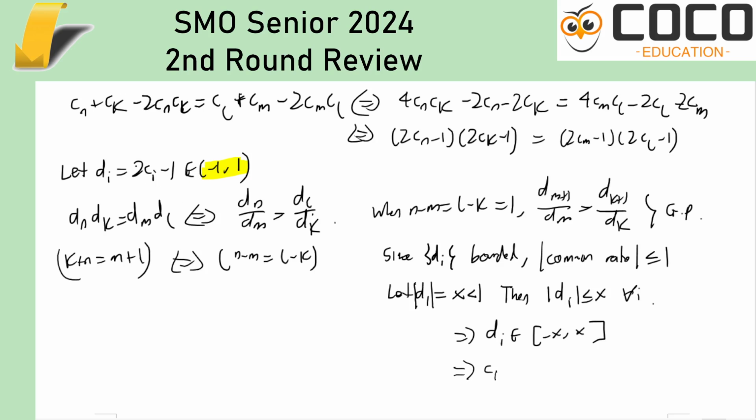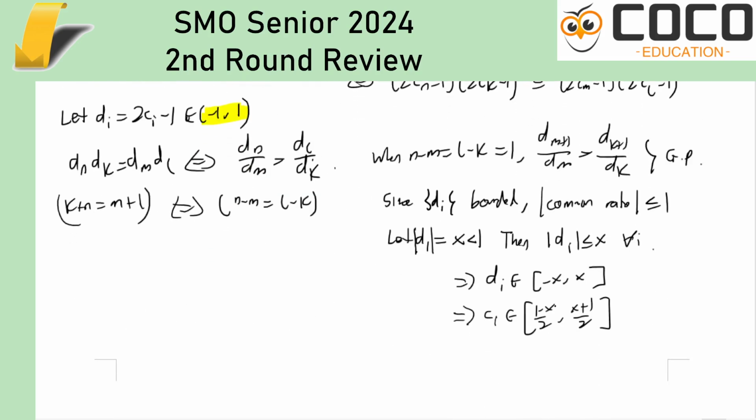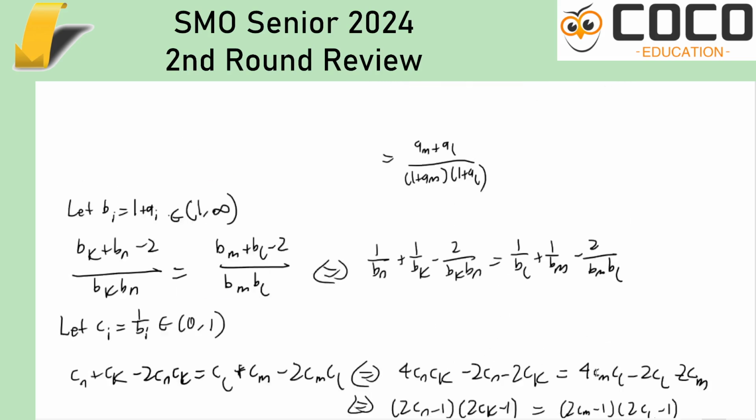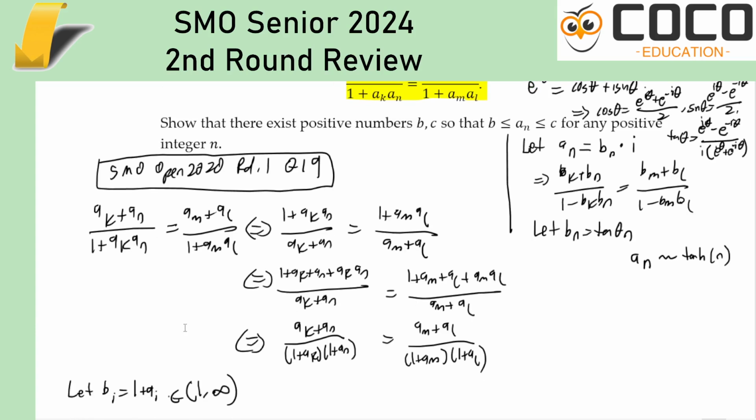So C is D plus 1 over 2. B is 1 over C. Now you can tell that 1 minus X over 2 is strictly positive. That's good. Okay, and then finally, A is just B minus 1.